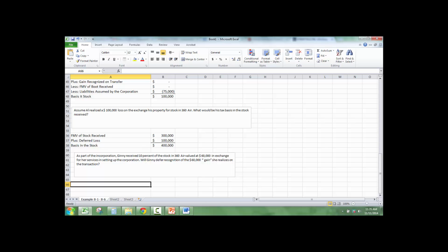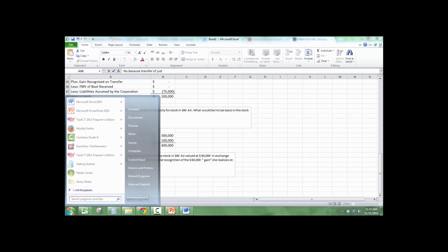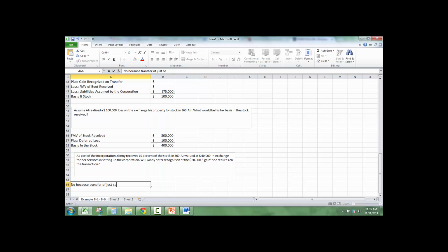The answer is no, because transfer of just services doesn't qualify for deferred gain for Section 351. Ginny's gain would be the whole $60,000.